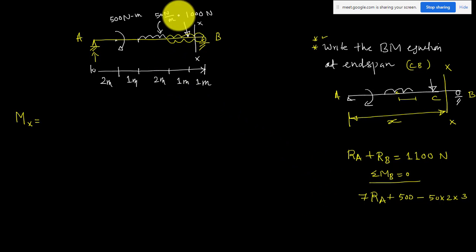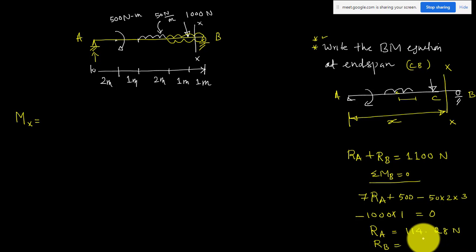Any other load? Yes, another load is anticlockwise, that is 1000 into 1, equal to 0. If we solve it, we get Ra as 114.28. Ra is 1114, so Rb will be 1100 minus this value, so Rb will be 1085.7.